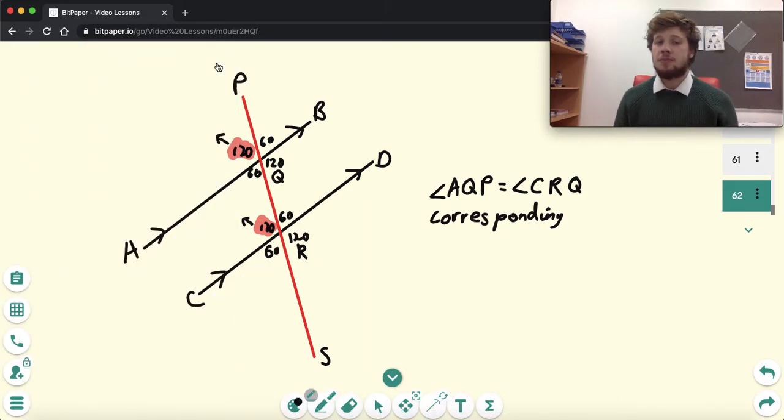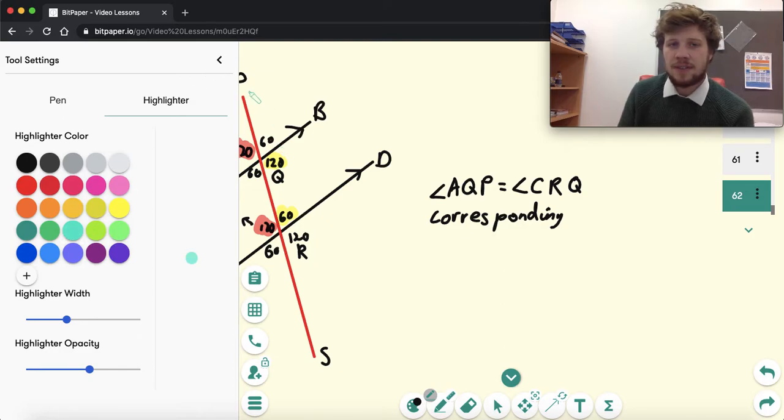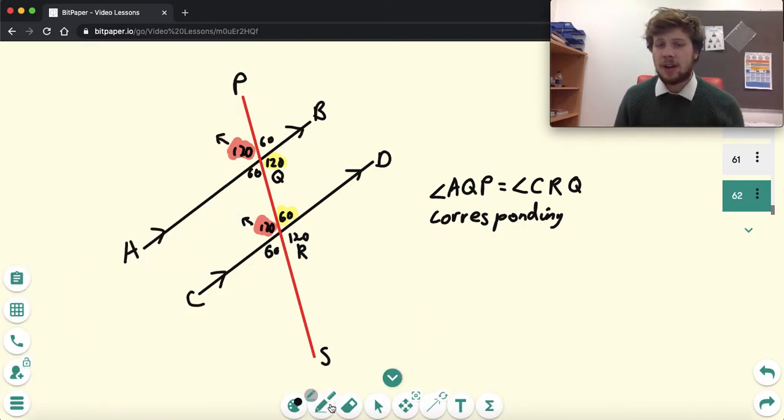The next thing I want to bring your attention to is this angle 120 here and this angle 60. Well, what's the relationship between these? I want us to really think about what way they are pointing and what they are actually doing. They're both pointing in the same direction, and they're both also inside the lines together.